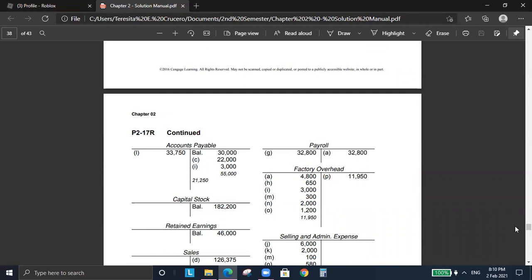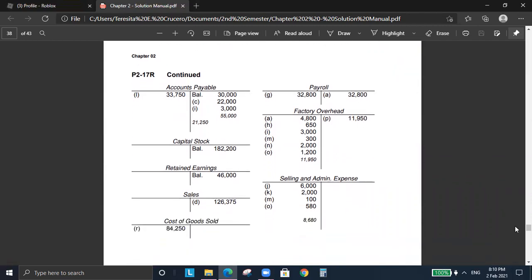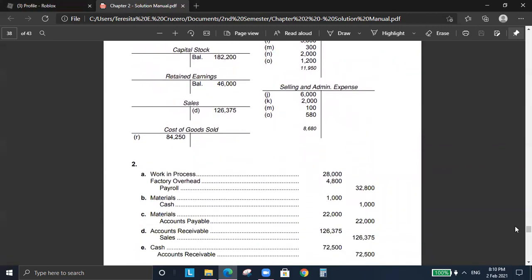Then second requirement, we have to prepare the journal entry to record each of these transactions. So for the journal entries, in letter A, we have the payroll. For the payroll recorded during the month, direct labor is 28,000, and indirect labor 4,800.